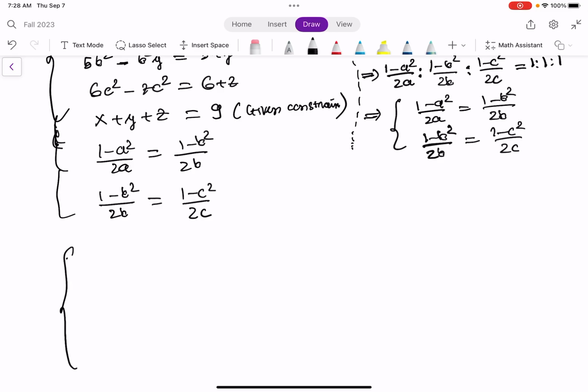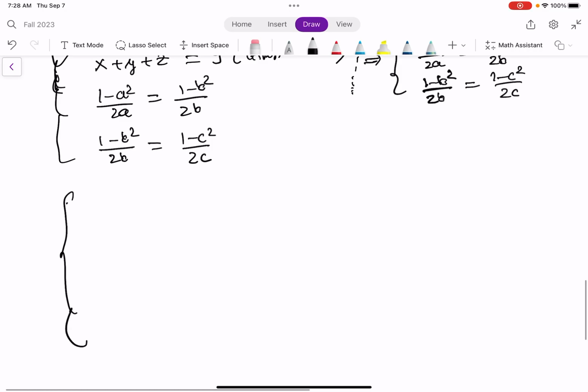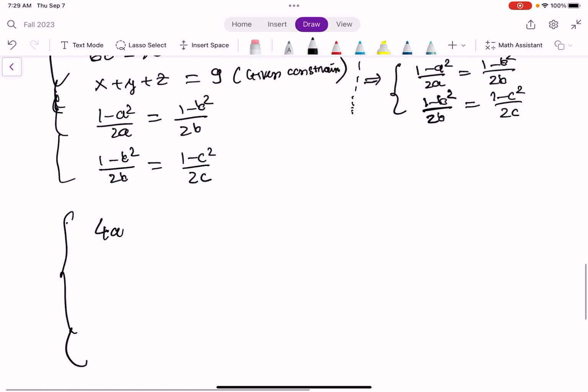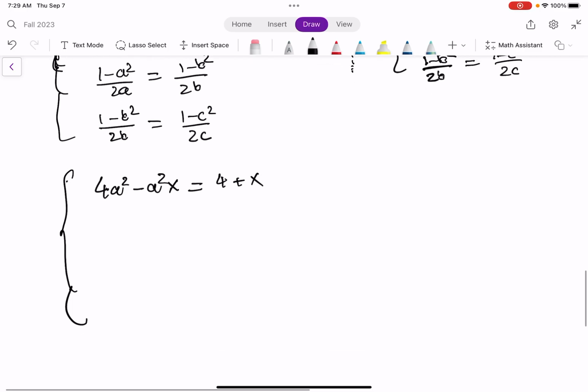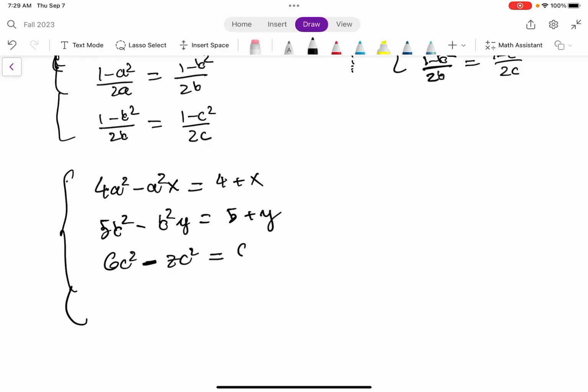First, I would like to rewrite the system of equations. So we have 4a squared minus a squared x equals 4 plus x. 5b squared minus b squared y equals 5 plus y. 6c squared minus z c squared equals 6 plus z. x plus y plus z equals 9.